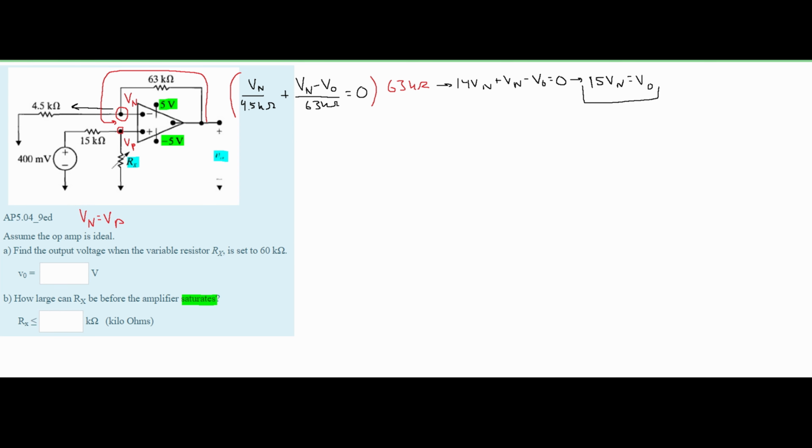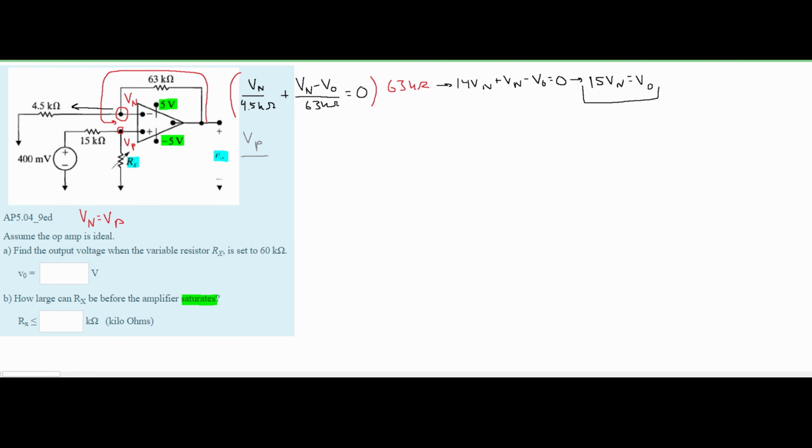Now we need the second equation for our Vp, and we know that our Vn is equal to Vp. For the second equation, we know that we have a Vp, and it's going to be subtracted from this 400 millivolt voltage because it's going in like this. So we will have a minus 400, but instead of writing 400 millivolts, I'll just write 0.4.